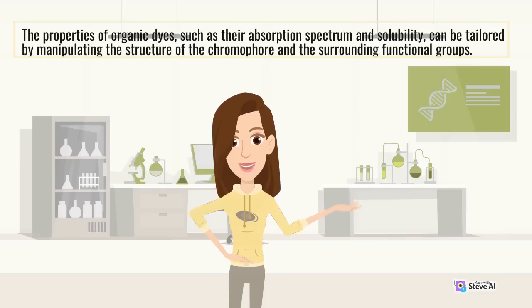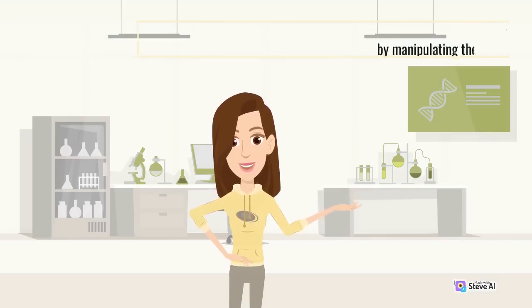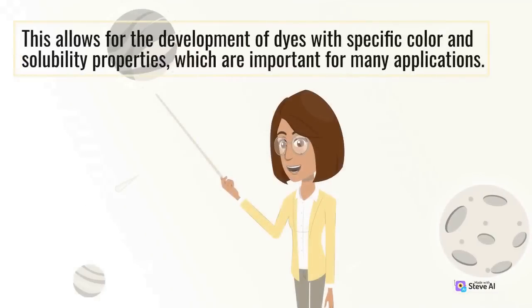The properties of organic dyes, such as their absorption spectrum and solubility, can be tailored by manipulating the structure of the chromophore and the surrounding functional groups. This allows for the development of dyes with specific color and solubility properties, which are important for many applications.